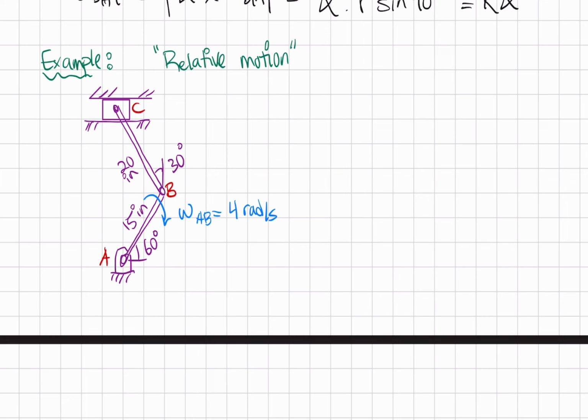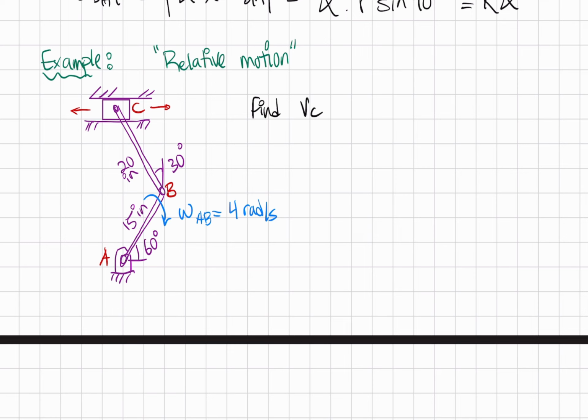The two arms are AB and BC, and the slider is C. The slider goes back and forth in these directions based on the angular velocities and positions of the other arms. The problem specifies a constant angular velocity, omega AB, equal to 4 radians per second, and we need to find the velocity of the slider.